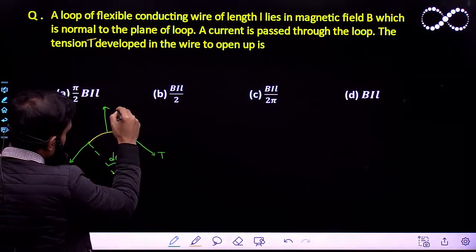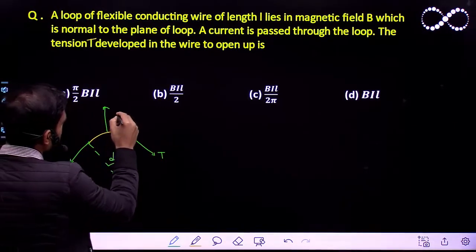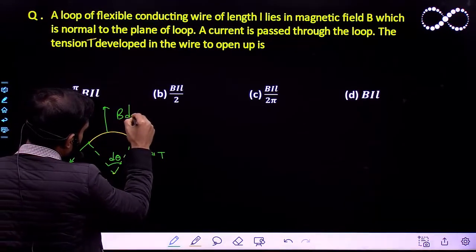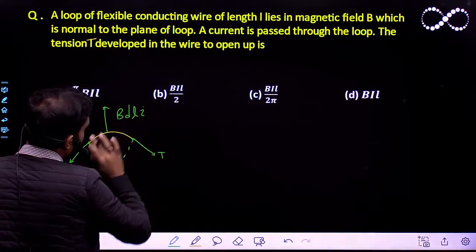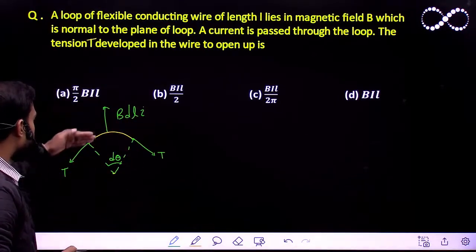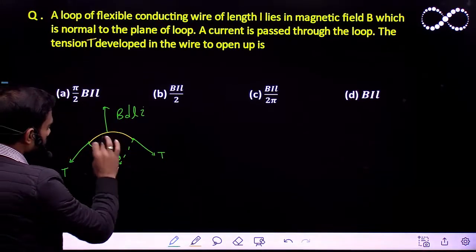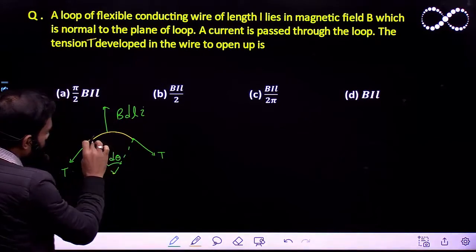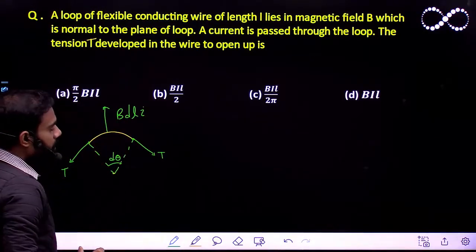Let us call the magnitude of magnetic field B, this length is dl, and the current is I. So I B dl will be the magnetic force in outward direction. Now the total force on this elementary length of the wire must be balanced.